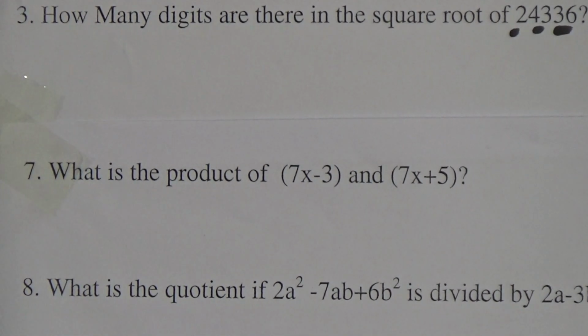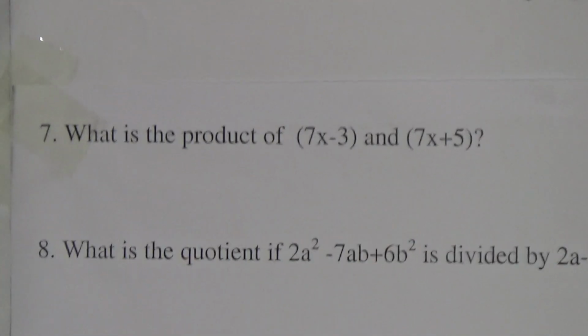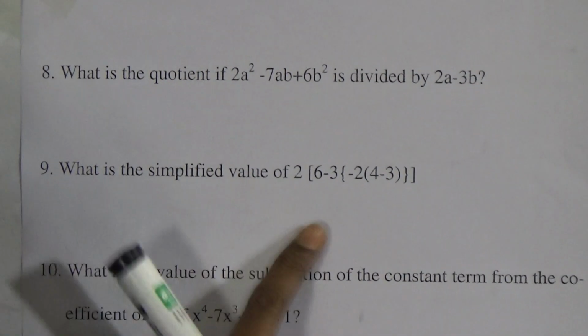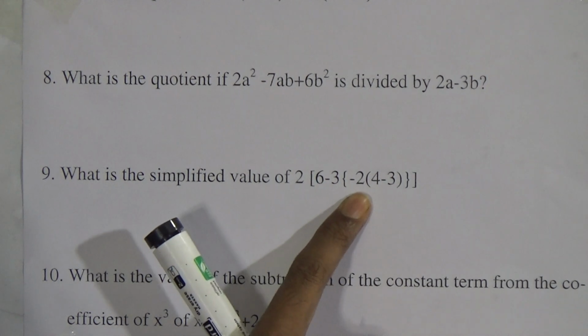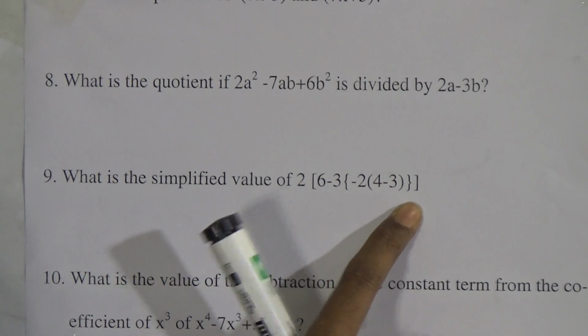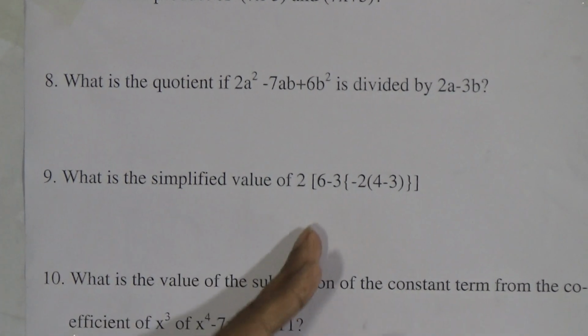Okay? Now question number 9. What is the simplified value of 2 third bracket, 6 minus 3 minus 2, first bracket, 4 minus 3, first bracket, second bracket, then third bracket. Okay, you have to simplify this.